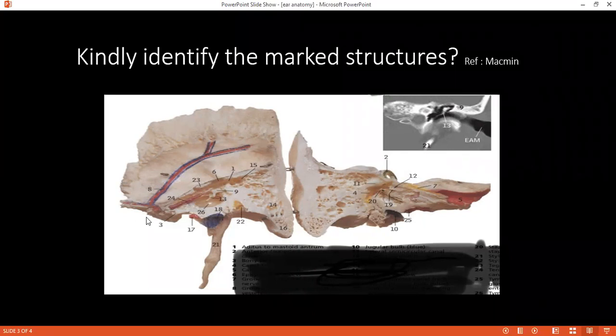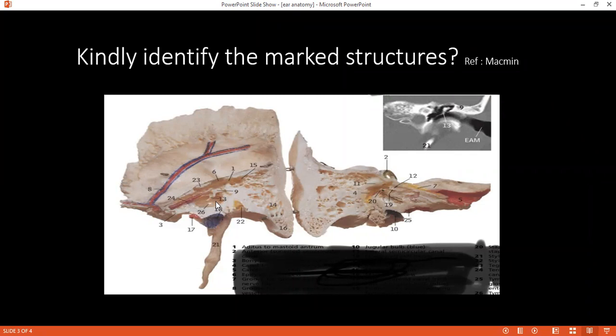Okay, if you look at this on the right hand side, what is 12? What is 13?